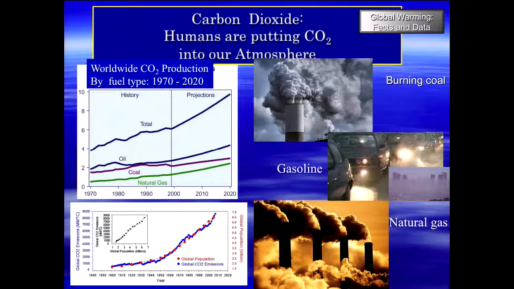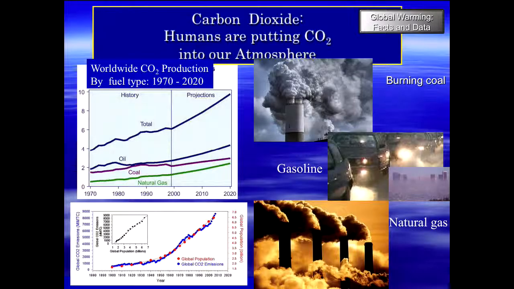Now, this is a fact. We are producing carbon dioxide. This is the amount of carbon dioxide in the Earth's atmosphere. I did not prove mathematically that the carbon dioxide that we humans are putting into the Earth's atmosphere is the actual cause of the carbon dioxide that's rising in the Earth's atmosphere. So I have to stop right here and say, nobody knows for absolute mathematical certainty that the carbon dioxide we're putting into the Earth's atmosphere by our burning fossil fuels is in fact the cause of the rise of the carbon dioxide.